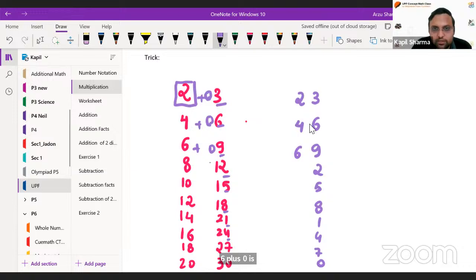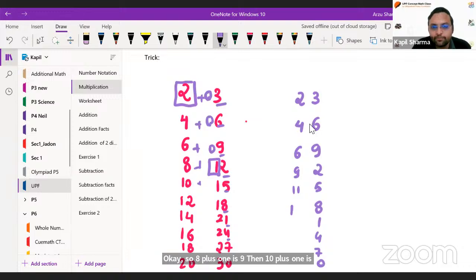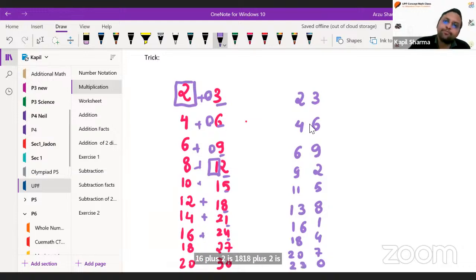Now here you have a 1 at tens place. So 8 plus 1 is 9. Then 10 plus 1 is 11. 12 plus 1 is 13. 14 plus 2 is 16. 16 plus 2 is 18. 18 plus 2 is 20. 20 plus 3 is 23.